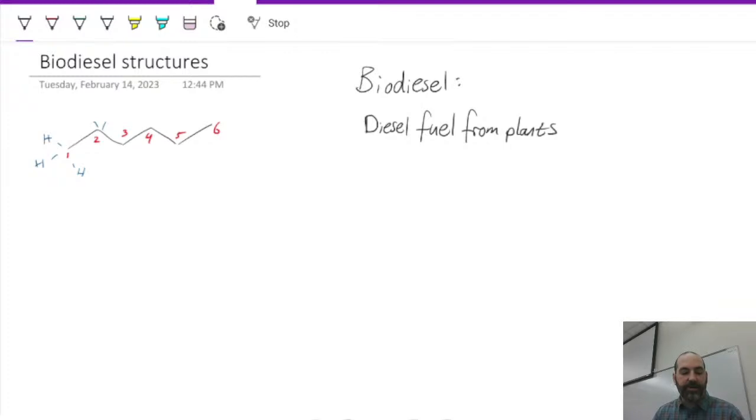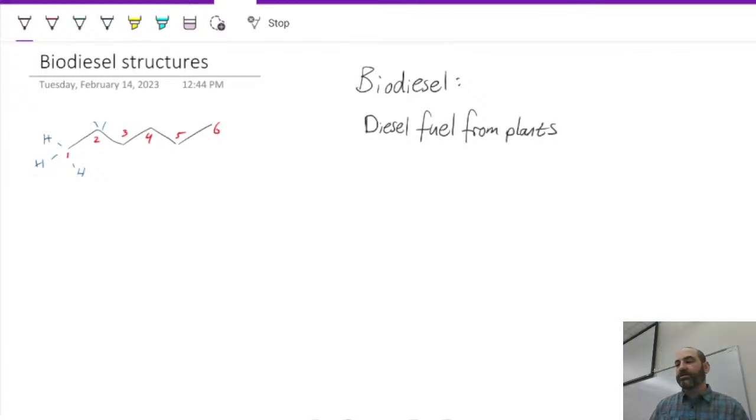It tends to have more torque, and there are some other issues with it. It's fallen out of favor as a fuel for regular cars. It was never really that popular in the U.S. to begin with, but even though it can be more efficient in terms of gas mileage than gasoline, it has other pollutants that come out of it that gasoline doesn't. So while carbon dioxide wise and climate change wise, it might be a little bit better, there are all these other pollutants that diesel fuel produces.